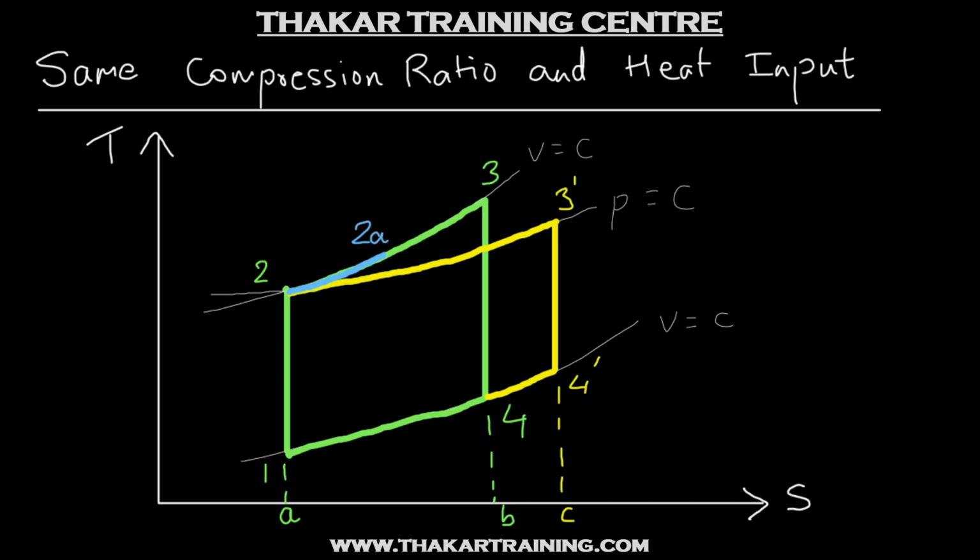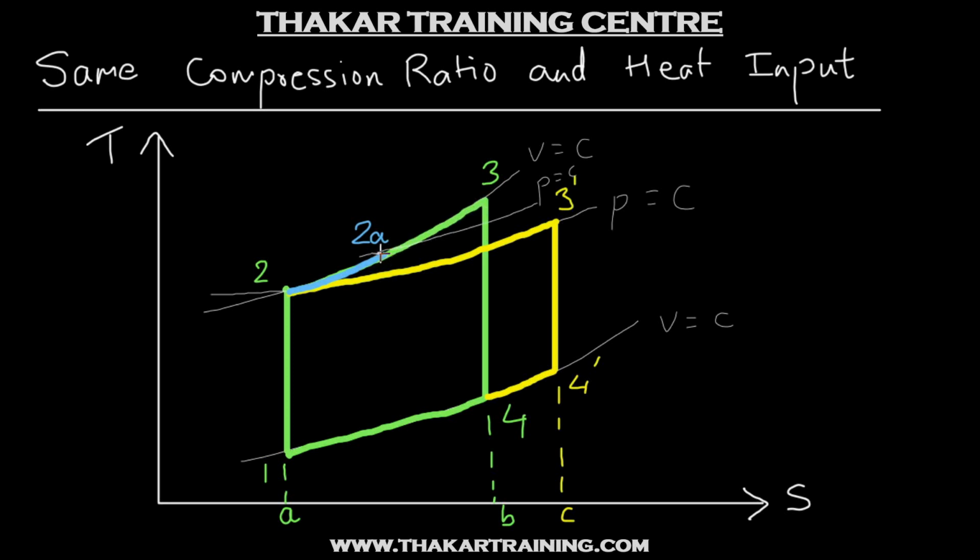And at point 2A, how will the constant pressure line look? Again, it will have a lesser slope as compared to a volume line. So the pressure line would go something like this at point 2A. And then once again, how should point 3 for the dual cycle come? Once again, this is the excess area.